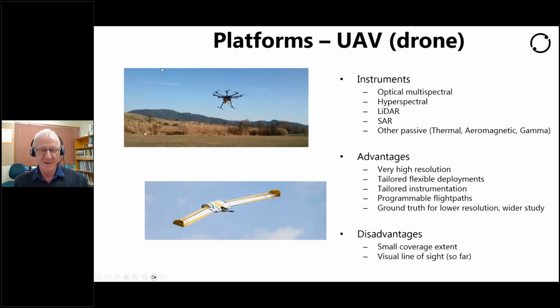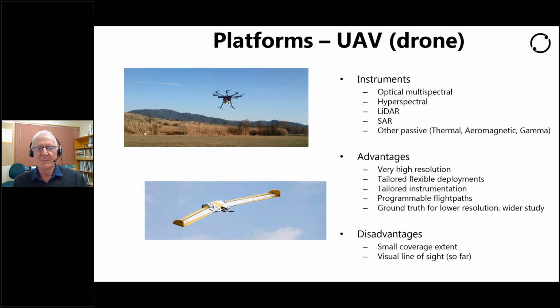I'll move on to talk about drones. These are very popular these days and can be anything from toys to high-spec military-type drones. The advantages are frequent deployment over a limited area. So, for instance, you could cover a farm or a vineyard very easily from a drone.